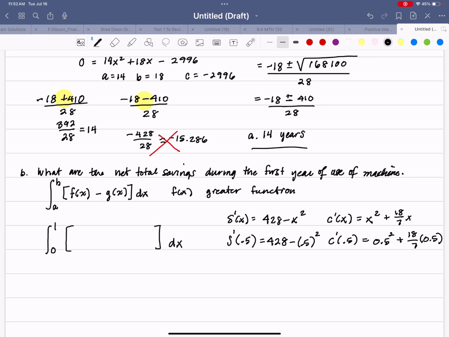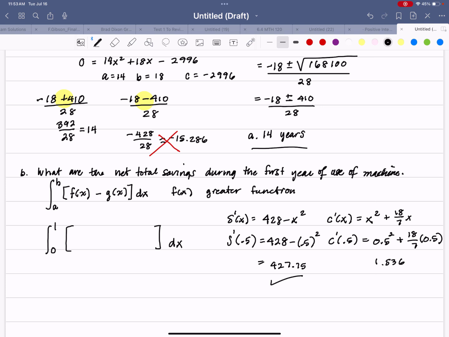And I'm just going to use my calculator to do both of these. So 428 minus 0.5 squared is 427.75. And 0.5 squared plus 18 fraction key 7 parentheses 0.5 is 1.536. So clearly, a greater function is this one.